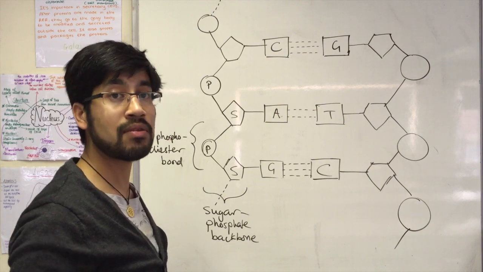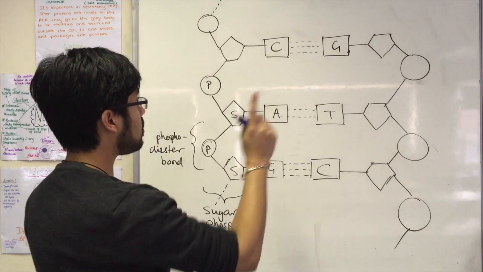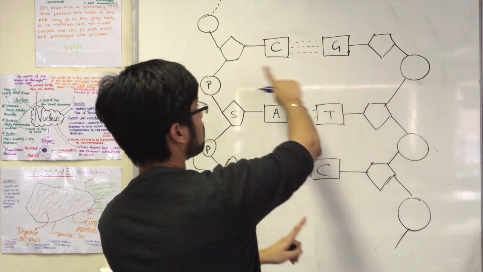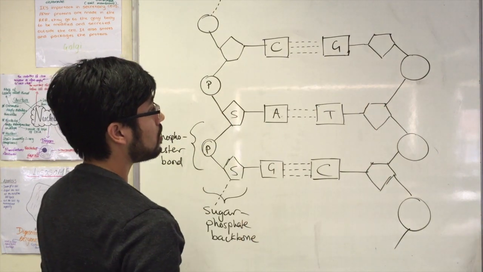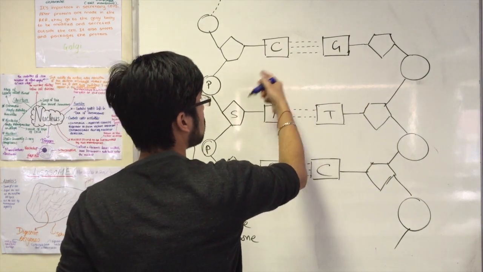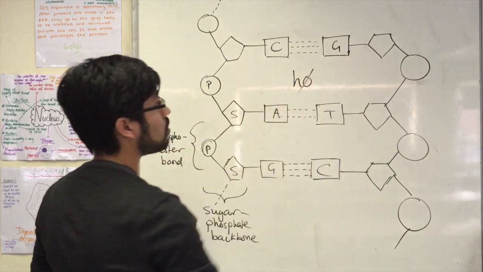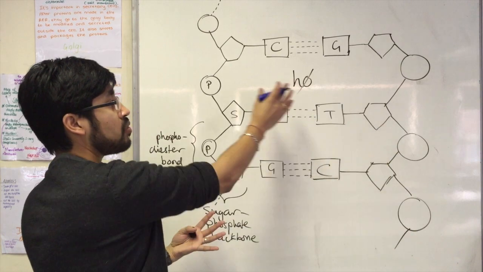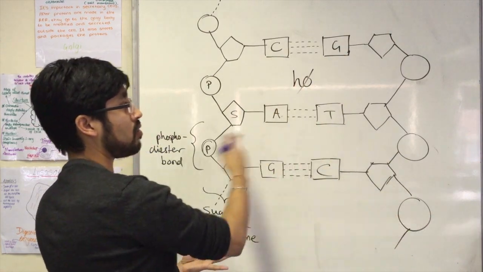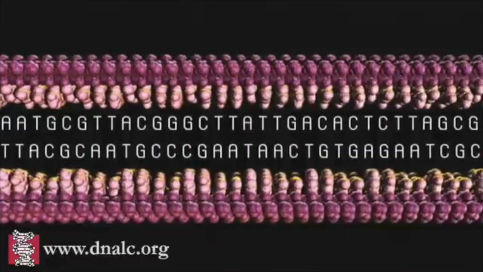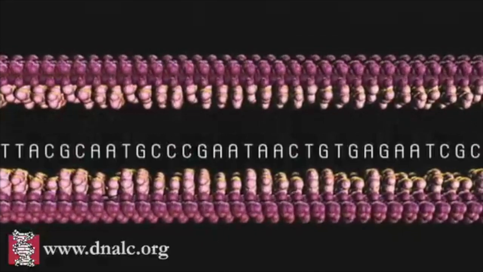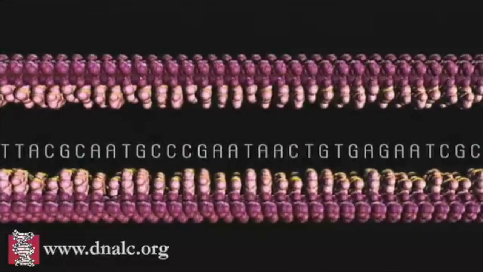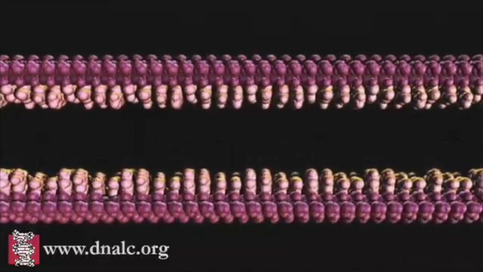Is it a double helix yet? No. It's a double helix when these 2 strands start coiling, right? Because these nitrogenous bases happen to be very hydrophobic. Okay? 2 strands of DNA like this are exposed to the watery environment of the cell. But what happens is, because of the coiling, the bases are then shielded from the water.